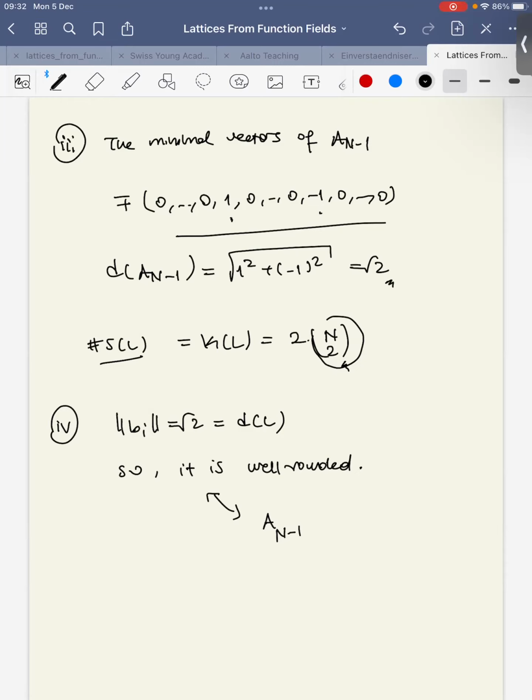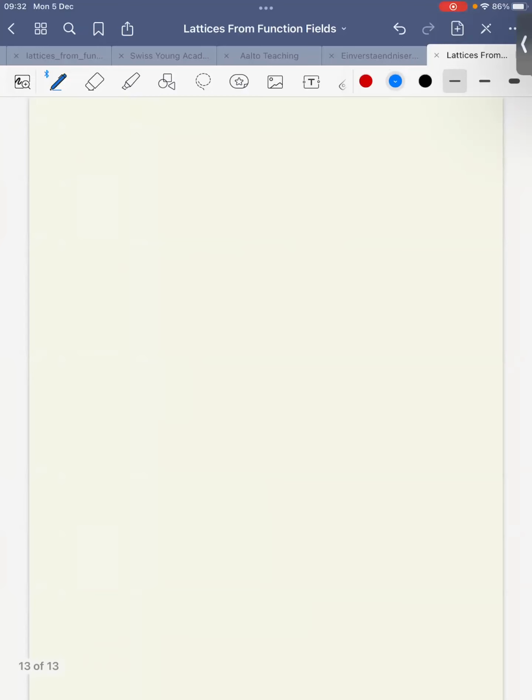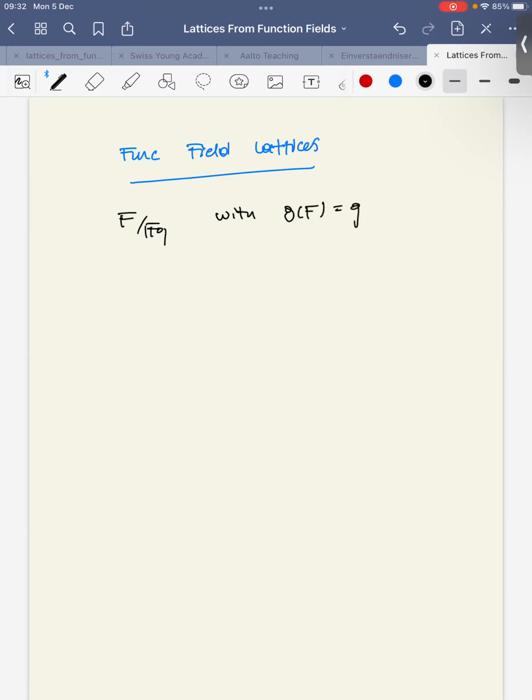So in the second part of the lecture, now we are ready to consider function field lattices. And for the basic setting, we always work with a function field over a finite field of genus g.